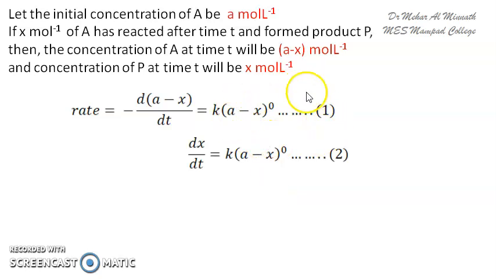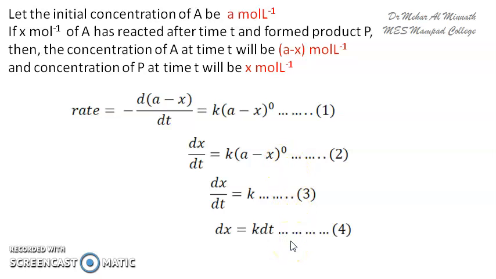Now we can write this equation in terms of the formation of product, like dx by dt equal to k into (a minus x) to the power of 0. Then dx by dt equal to k, since (a minus x) to the power of 0 will be 1. Then dx is equal to k dt.